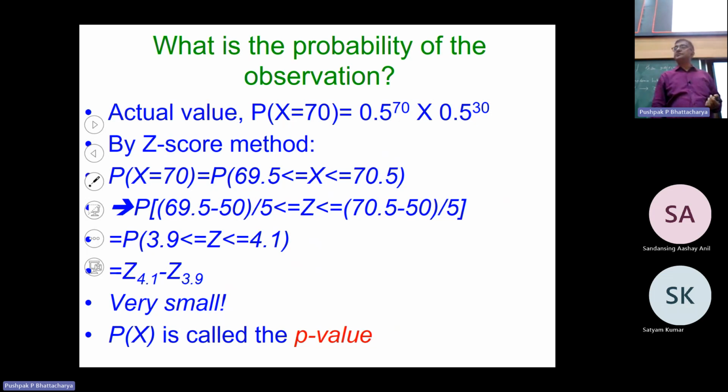Why is it so? From the last class's discussion on the Z-score table. Yeah, but why is it Z of 4.1 minus Z of 3.9?